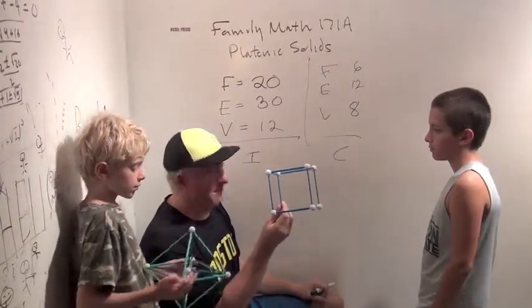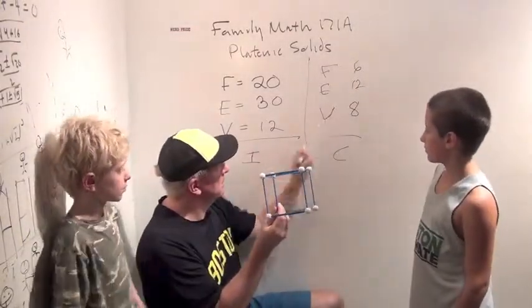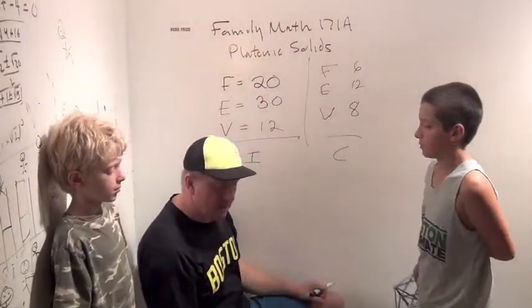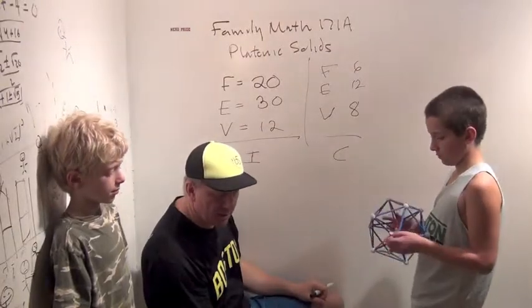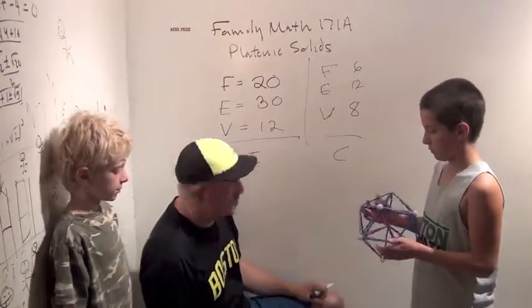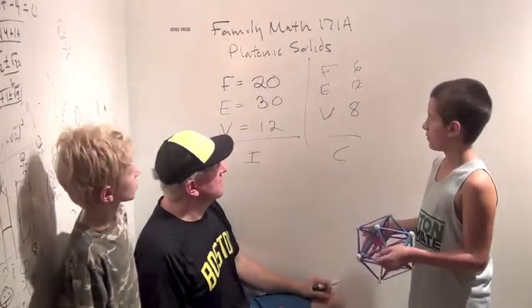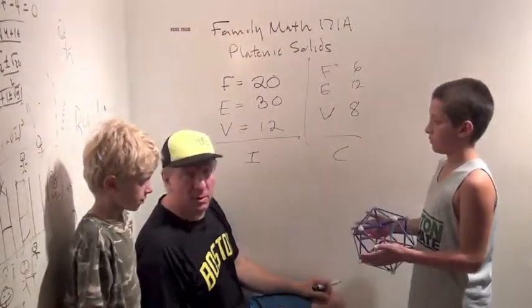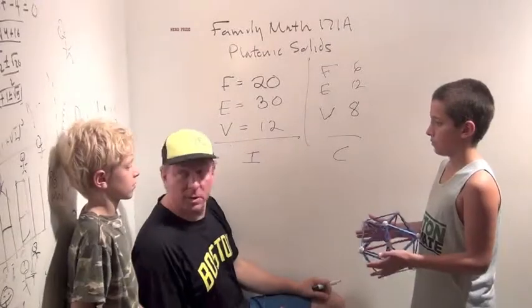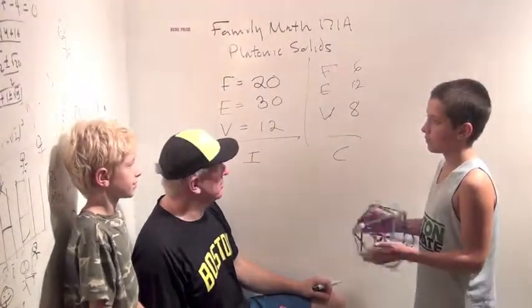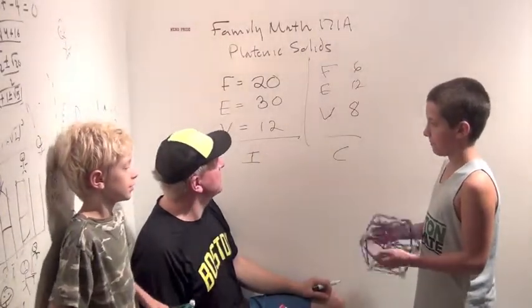Okay. Very good. So, believe it or not, there's actually a formula that connects these things. And it was discovered by Euler. Remember Euler? What's he famous for? What do you know him for? E. Okay.